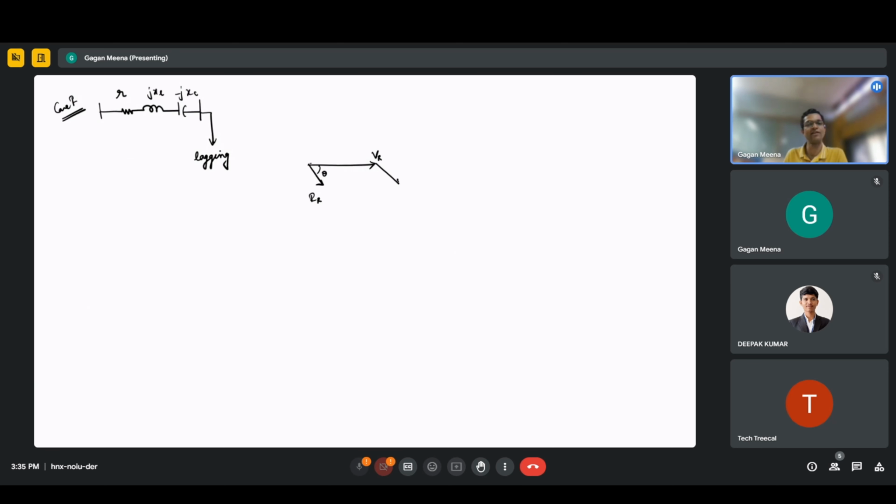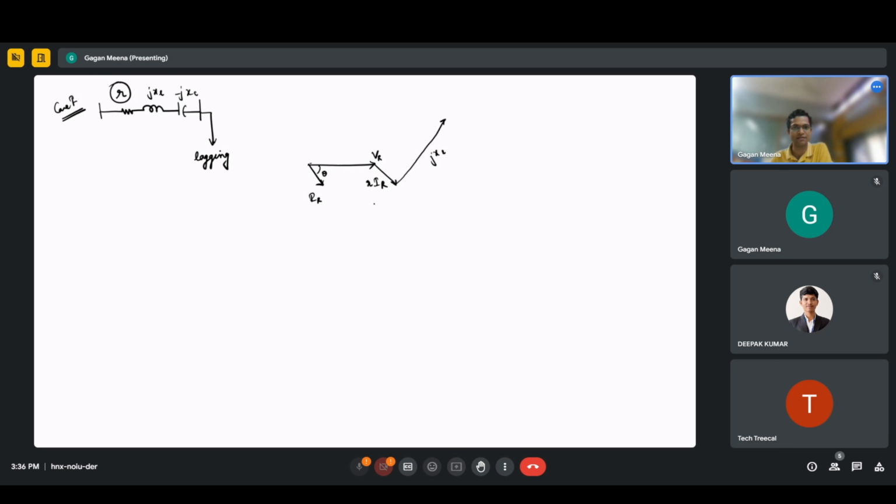So this is R into IR. Because there is no complex, it is simply multiplied, so it will just scale the phasor in the same direction. Then we have to add jXL. jXL is 90 degrees. Then minus jXC will come here.